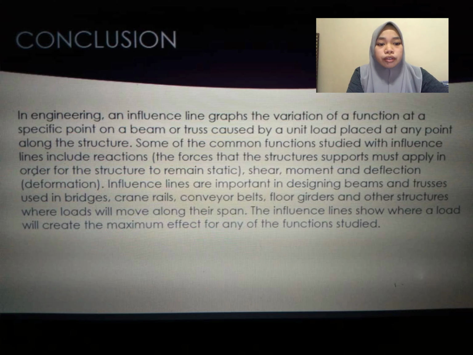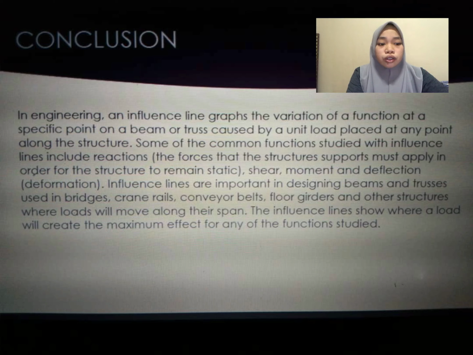Influence lines are important in designing beams and trusses used in bridges, crane rails, conveyor belts, floor girders, and other structures where loads will move along their span.